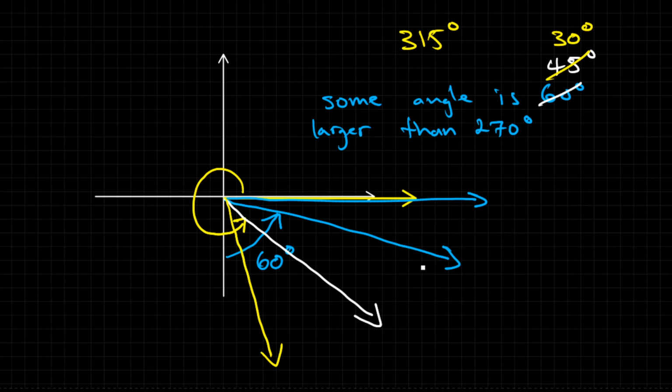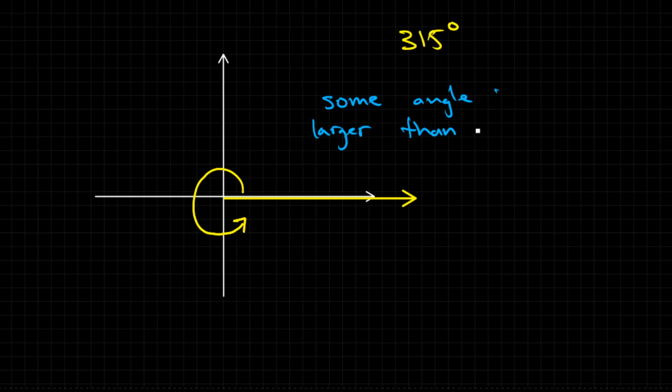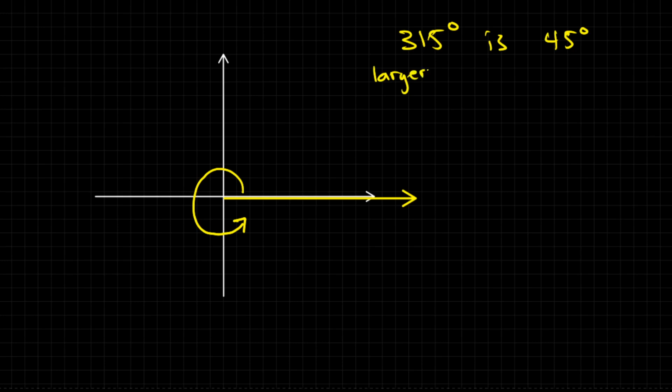And now back to the problem that I'm currently working. My 315 degrees is how much larger than 270 degrees? Well, if you do 315 minus 270, you get 45 degrees. So this is 45 degrees larger than 270 degrees.